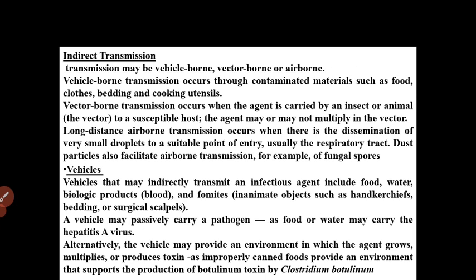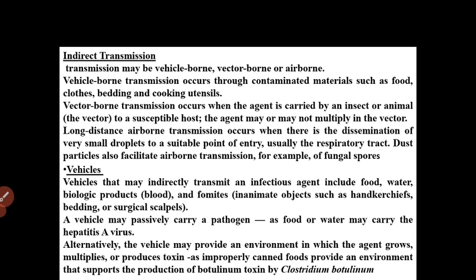Now, vehicles. Vehicles that may indirectly transmit an infectious agent include food, water, biological products like blood, and fomites. They are the inanimate objects such as handkerchiefs, bedding, or surgical scalpels. Okay? It passively carries a pathogen. Fine.